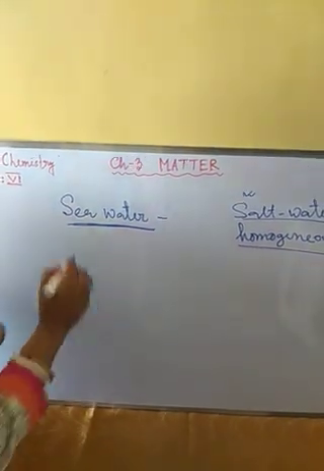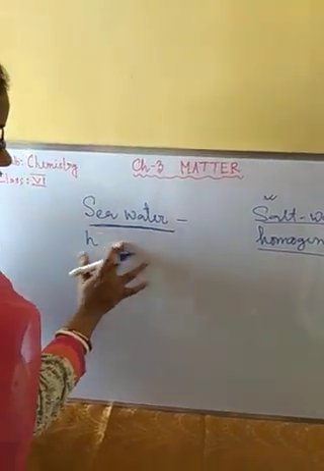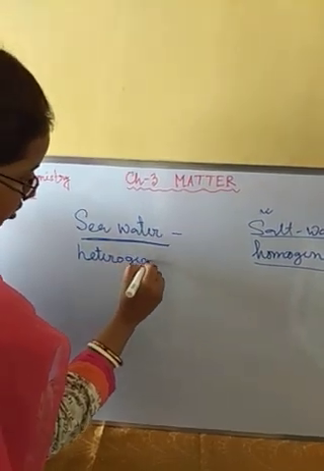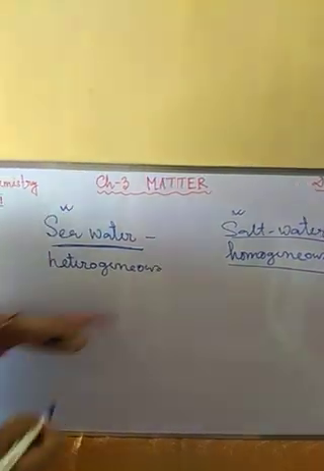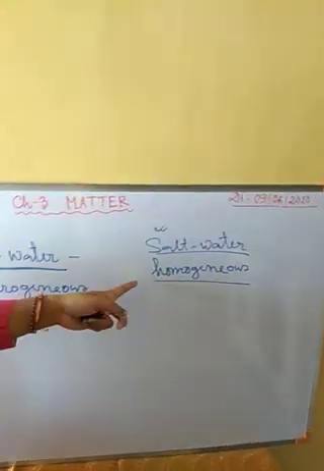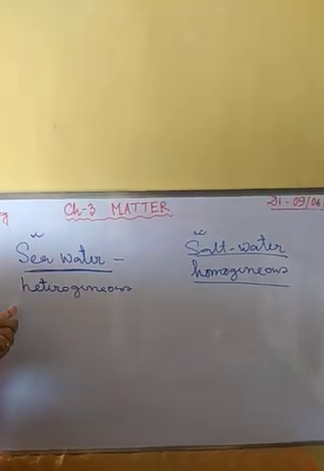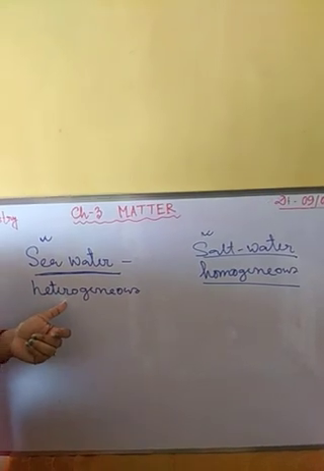That's why seawater is not a homogeneous solution, it's a heterogeneous solution. If we only say salt water, then it must be homogeneous, but if we call it seawater, then it must be heterogeneous because of the presence of those particles. Okay, hope now it's clear.